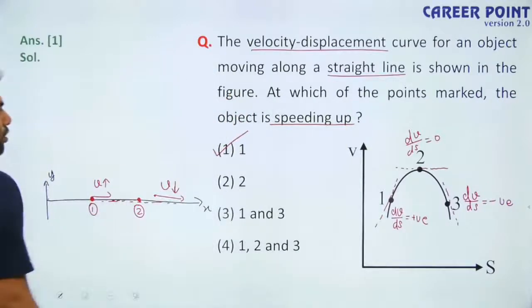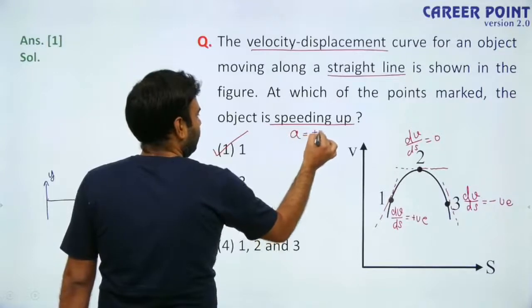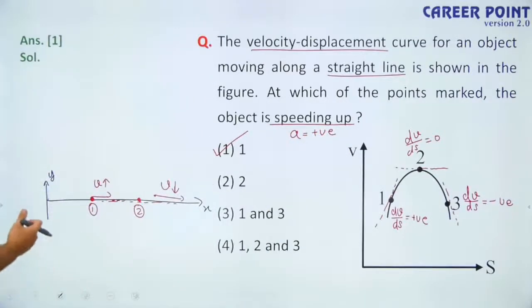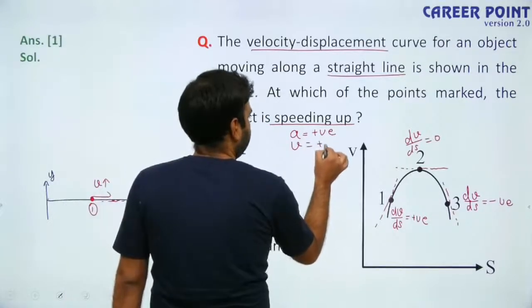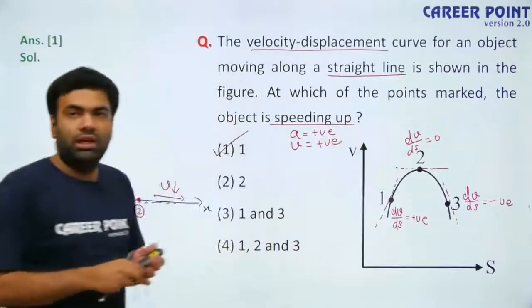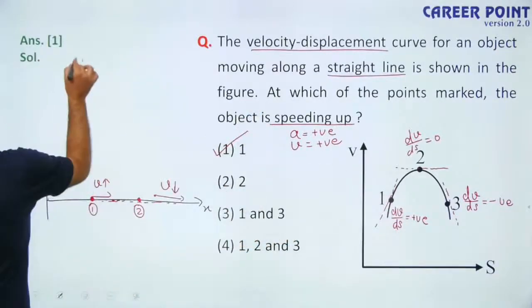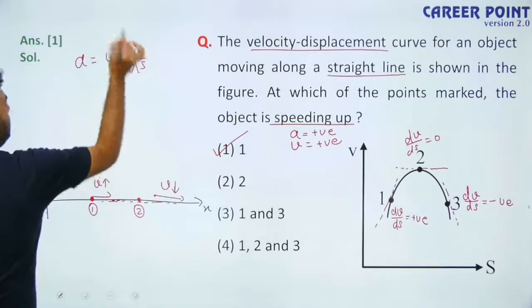Now, speeding up means acceleration is there, and it is positive. Positive acceleration means it is speeding up. And velocity is also positive. Speeding up means its velocity and acceleration are in the same direction. Acceleration is also written as v dv by ds.